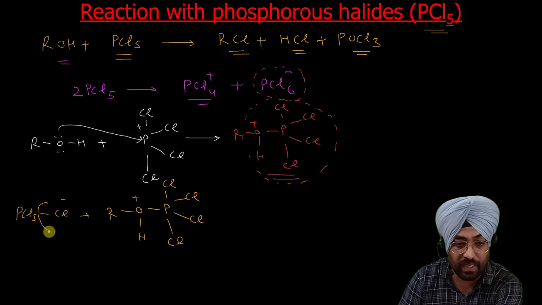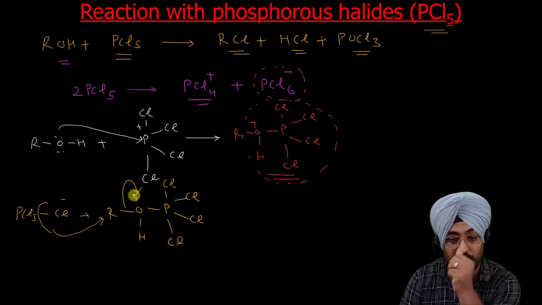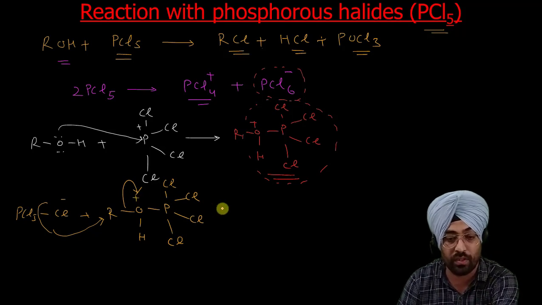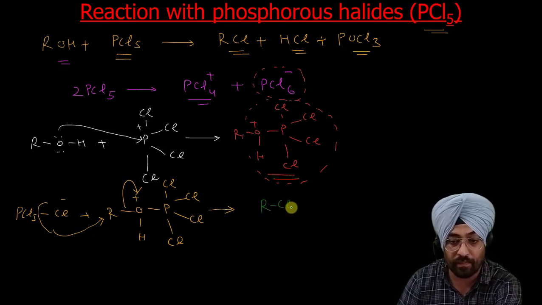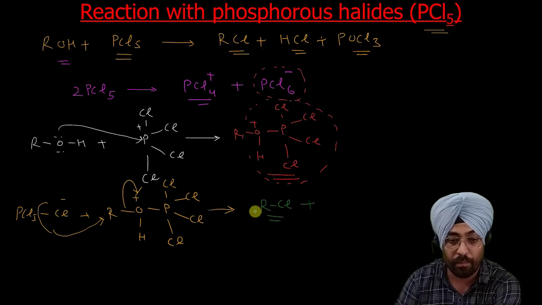This Cl negative with its electrons attacks here. So this bond gets broken because it is a good leaving group. So what you get here is RCl, alkyl halide, plus PCl5 remains as it is.